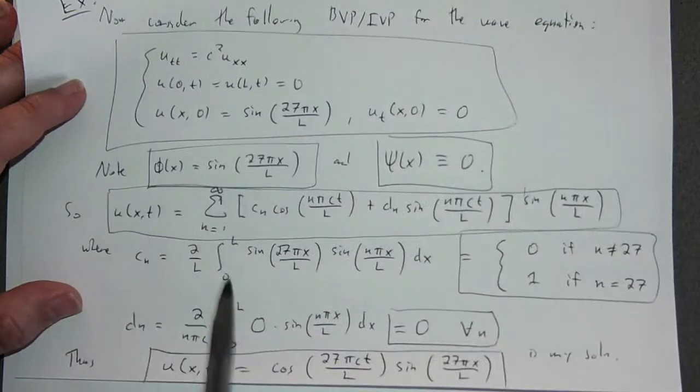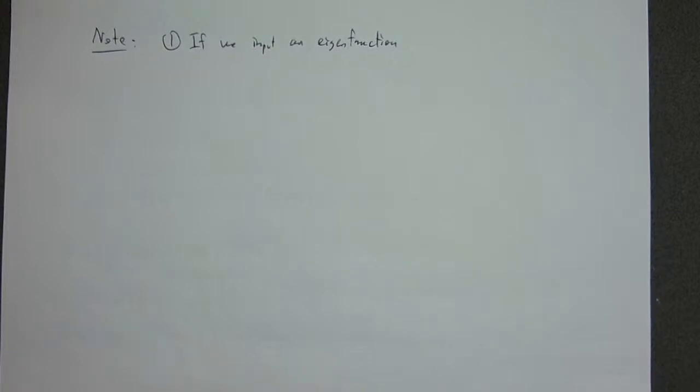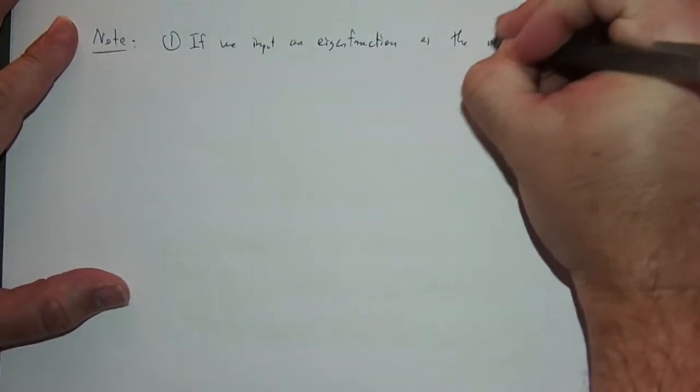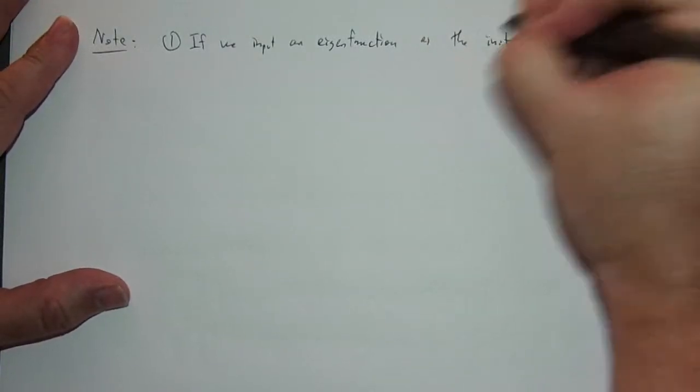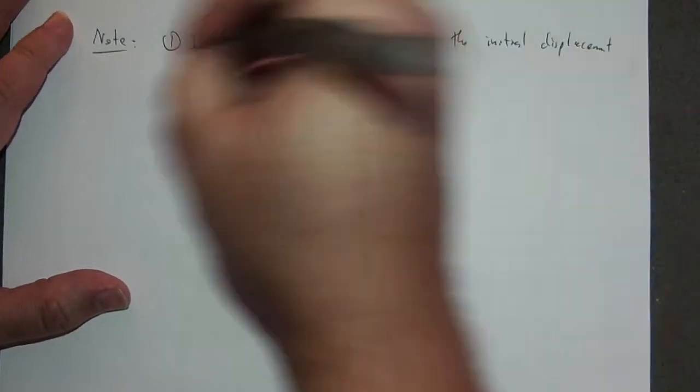But when it is an eigenfunction, you get something special happening, with a lot of these coefficients being zero. And so if we input an eigenfunction as the initial displacement for this problem.